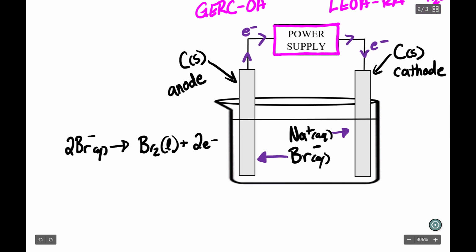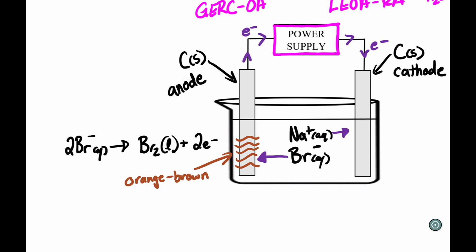Now, bromine, Br2, is a liquid at room temperature, and it's going to be brown in color. So it's that orangey brown, reddish brown color. So the evidence that I'm going to see is kind of like an orange brown color or a reddish brown color forming around that electrode.